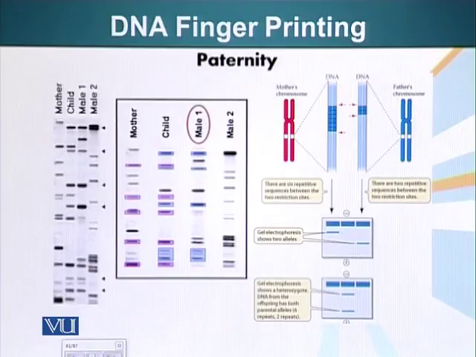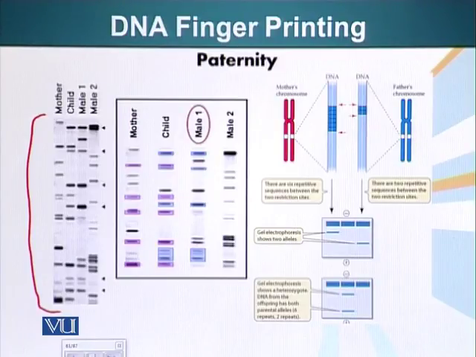When we run that, we will generate these bands. It so happens that the banding pattern is unique to every person. The probability 2 people will have the same pattern of banding, VNTR fragment bands, is 1 in a billion.